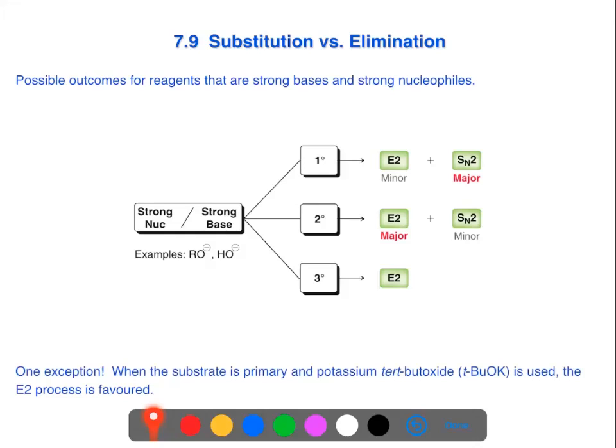Now, when we look at a reagent that can act as either a strong base or a strong nucleophile, so it has that duality, now we see some preference for one mechanism over another. For a primary alkyl halide, the major product will be the SN2 product.